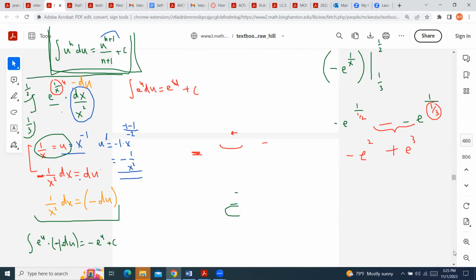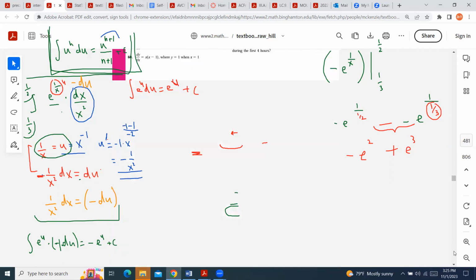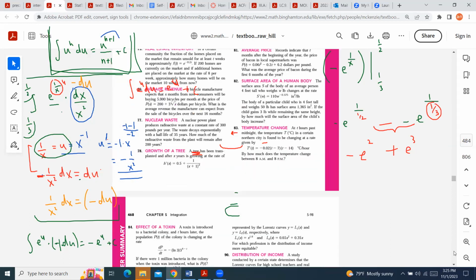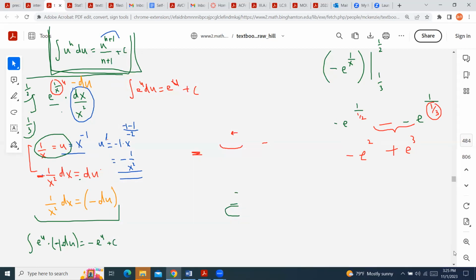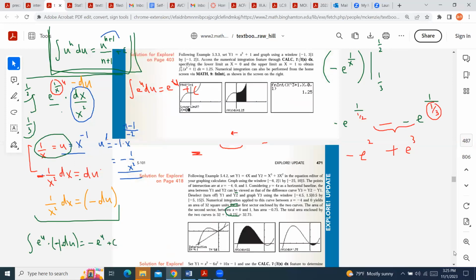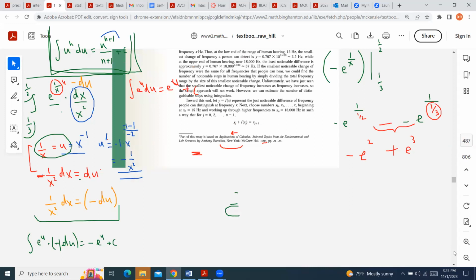Before I move to the last chapter, chapter 6, there is more integration. In fact, integration is not as nice as finding derivatives, and there is a problem. We can find the derivative of anything. It's straightforward.